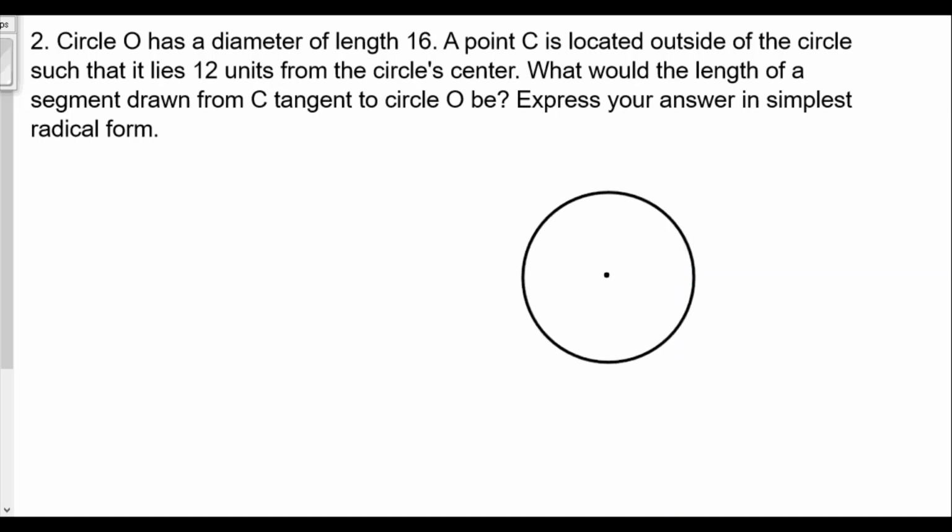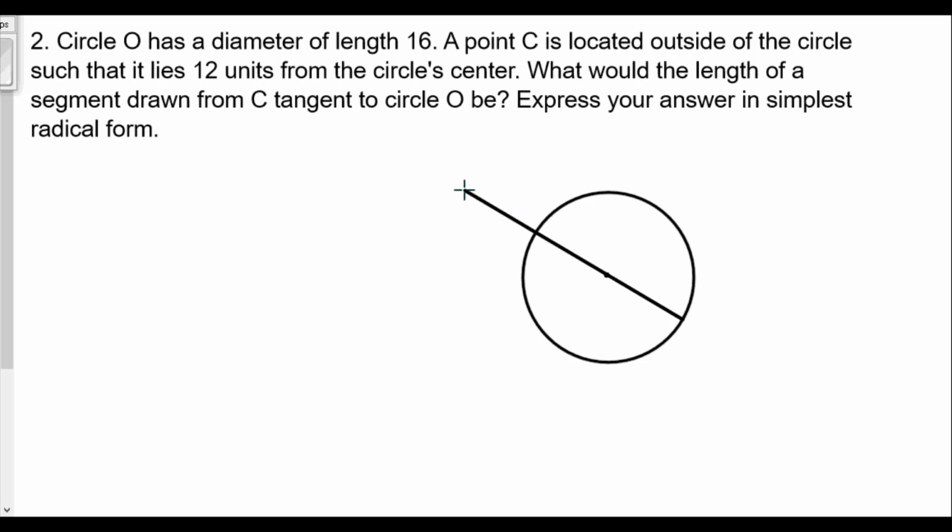Now, the diameter is 16 and the point C is located outside the circle such that it lies 12 units from the circle center. So let me draw our diameter, but let's stretch it outwards.